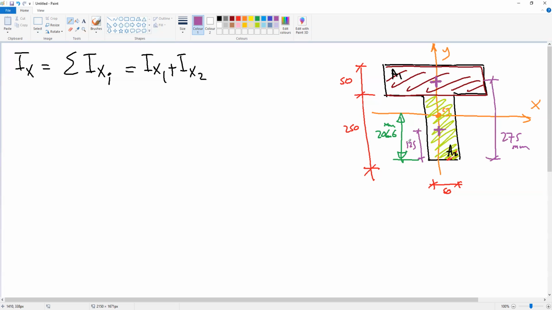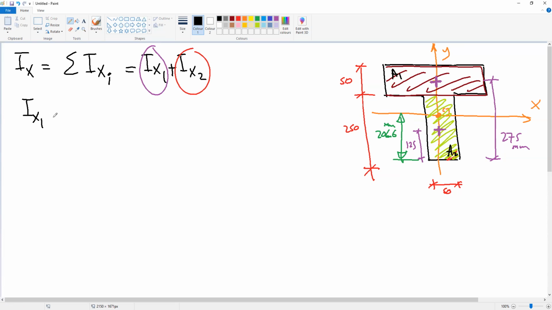Okay, these are all the dimensions we have calculated till now, and now we need to find Ix1 and then Ix2. I will do it separately to show you.